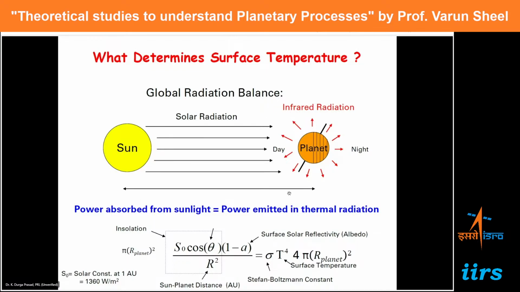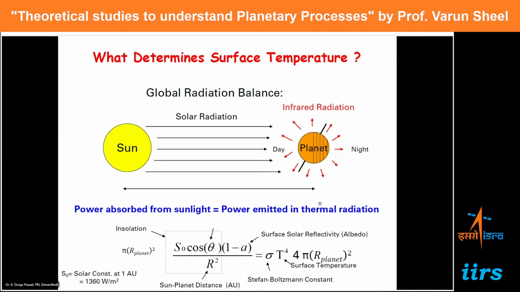Let us consider that there is no atmosphere, just a surface. Basically, the surface temperature is determined by an equation called the energy balance equation. An ideal black body absorbs the radiation and then emits radiation in long waves, that is infrared. So the energy balance is nothing but the power absorbed from the Sun, or solar radiation, and the power emitted in thermal radiation.